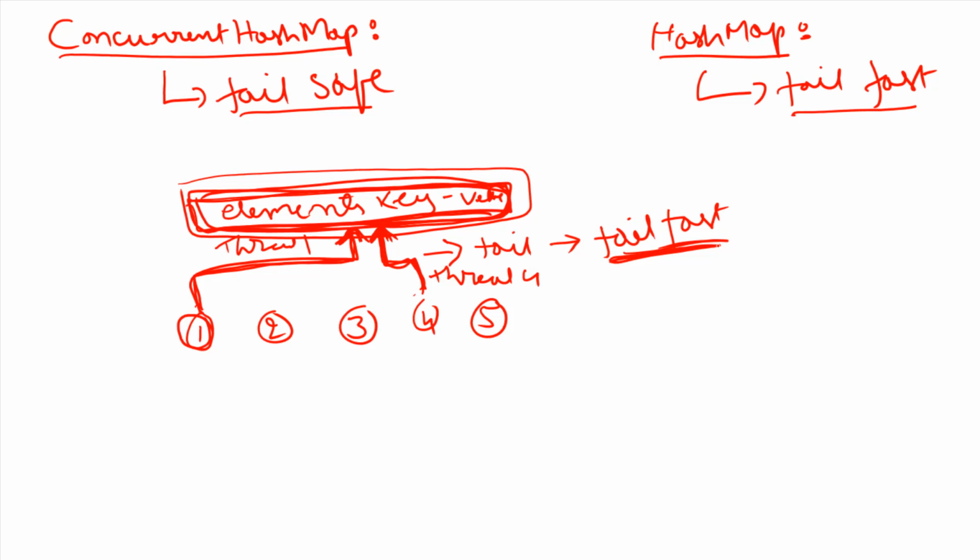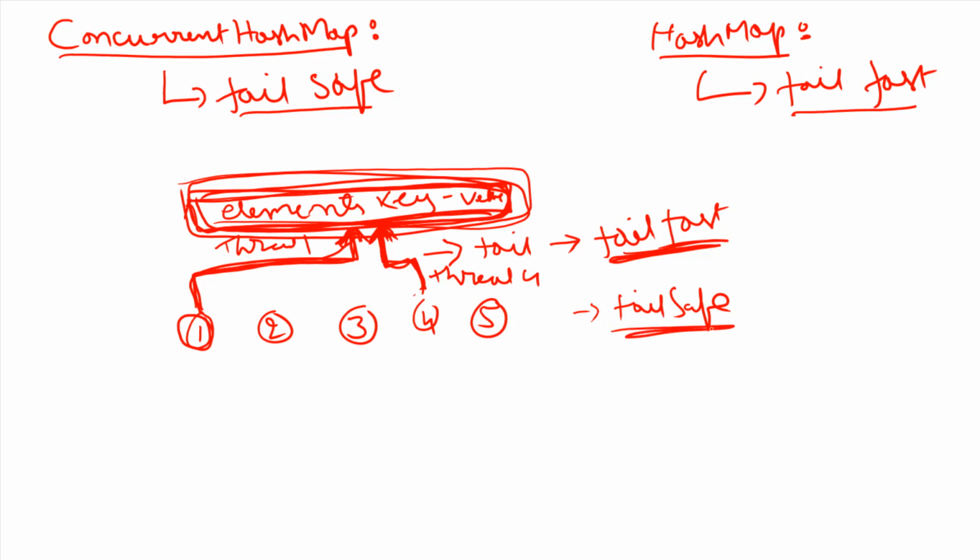But let's say thread 1 is already working on this one and thread 4 accesses this one, but it won't fail. It can still modify the elements of this map. Then that is called fail safe. That means even though one thread is working on the map, the second thread can still access that same map and do its own modifications.